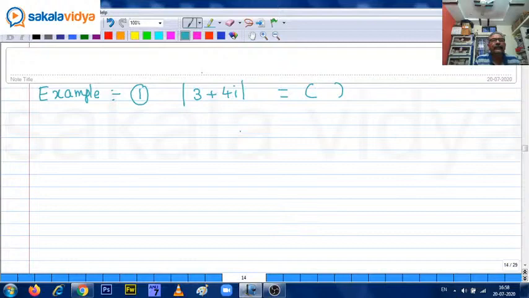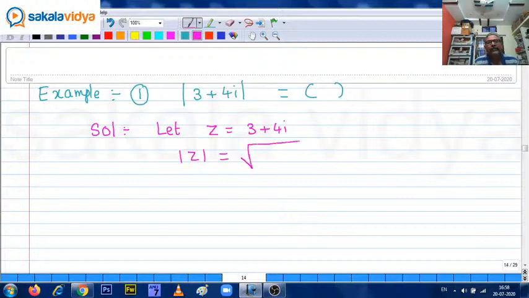Okay, now solution, let us say z is equal to 3 plus 4i. Mod z equal to, what we need to write? Root of real part 3 square plus imaginary part 4 square. This will be root of 9 plus 16. This is root 25. You get 5.